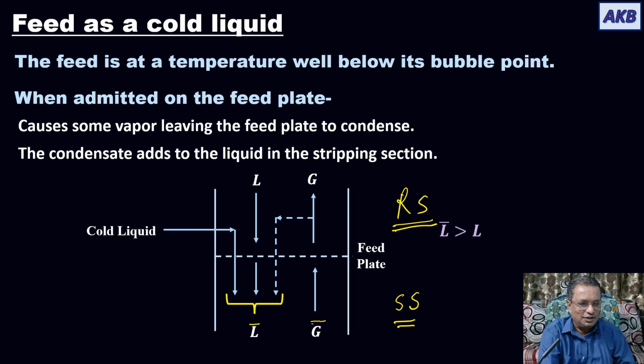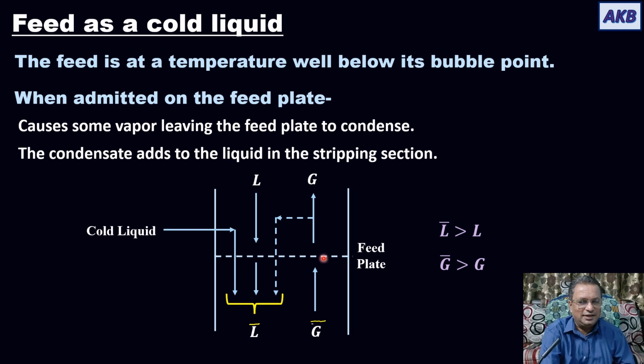So the relation is, let me first erase it so you can understand. Now you know what is the stripping section, what is the rectifying section. Okay. So since it is very much clear from this diagram, L bar is greater than L, whereas G bar is greater than G. Or you can say G is less than G bar. Okay.